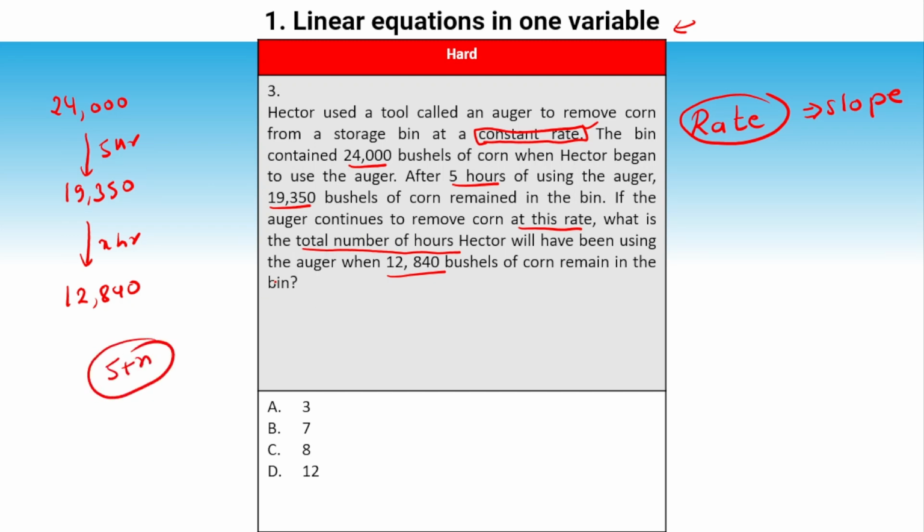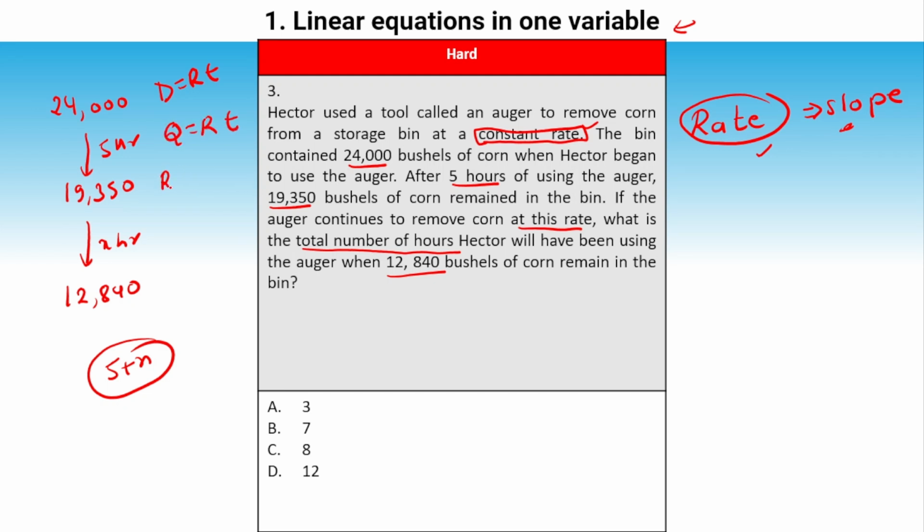Since it is saying constant rate, we have to find the rate. We can find the slope for the equation, and we can solve it. So first let's find the rate. We know d equals rt, right? But let's use it in another form, that is q equals rt, quantity equals rate times time.